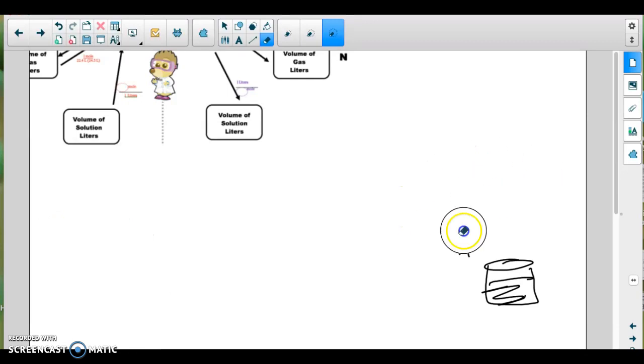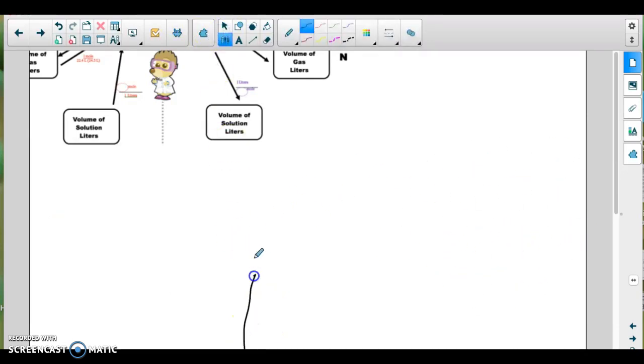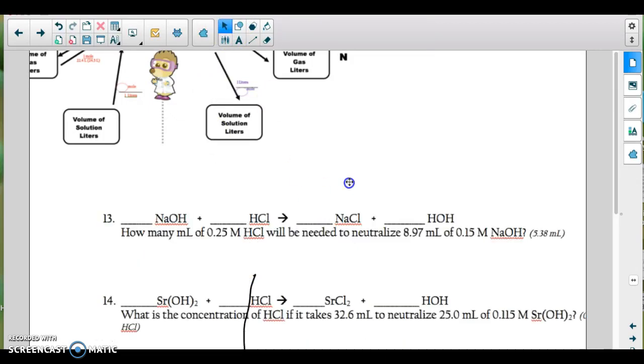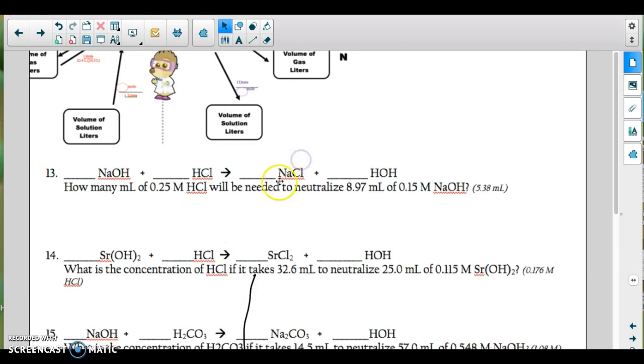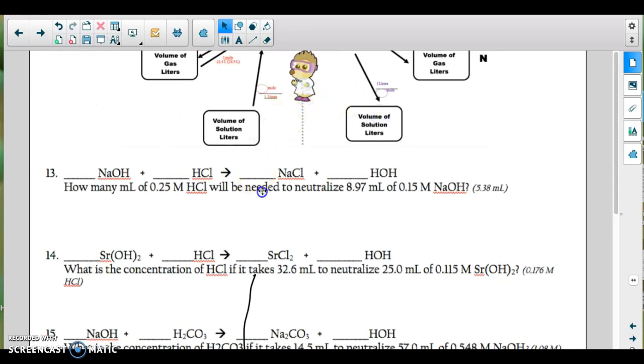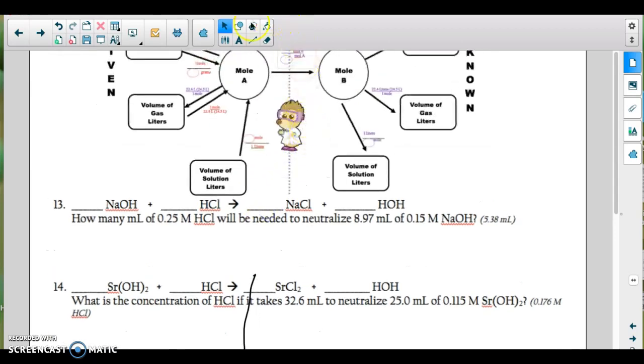So we're going to do this question right here. This first question: they want to know how many milliliters of 0.25 molar hydrochloric acid will be needed to neutralize 8.97 milliliters of 0.15 molar sodium hydroxide.